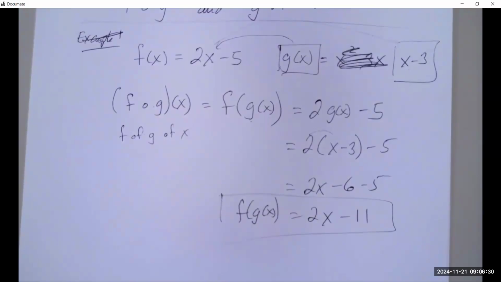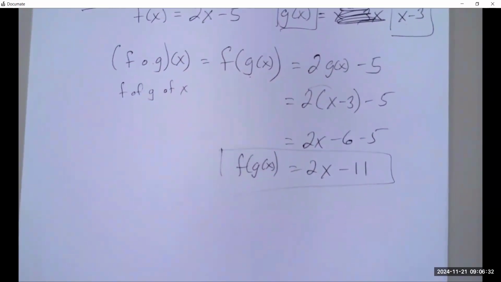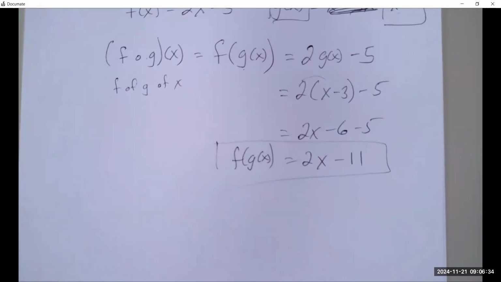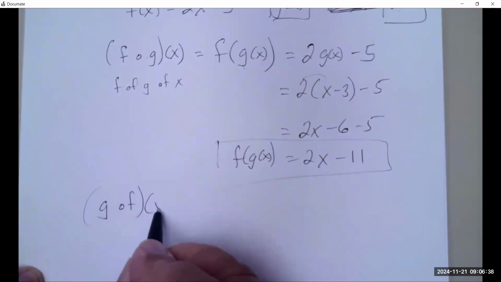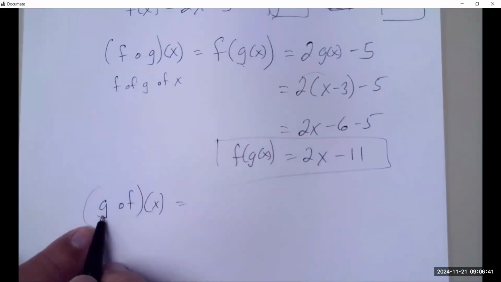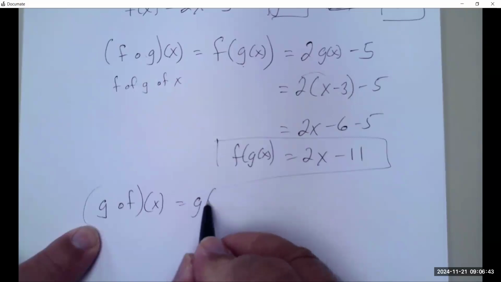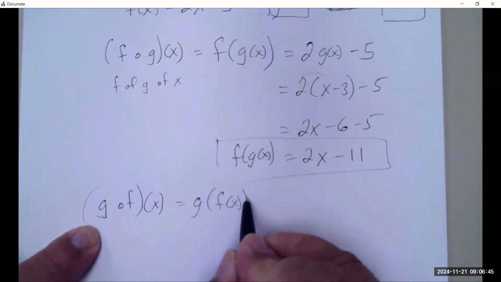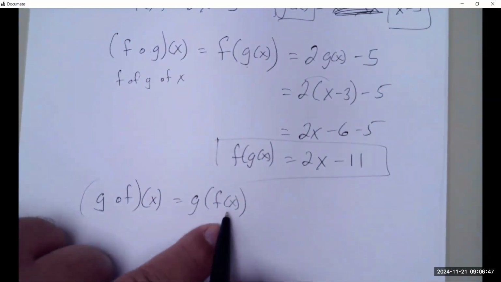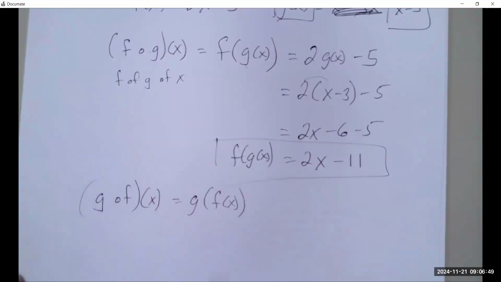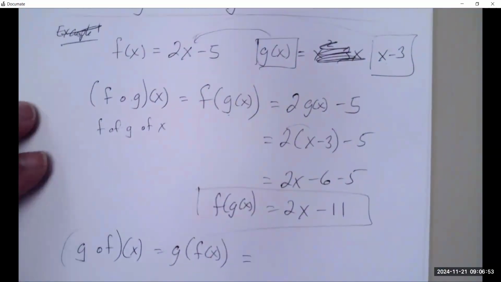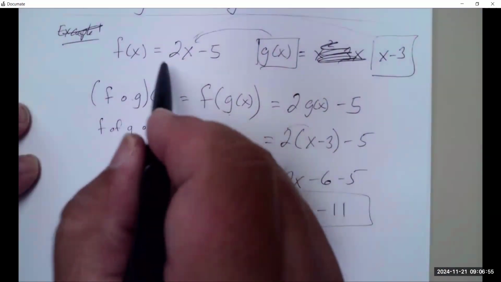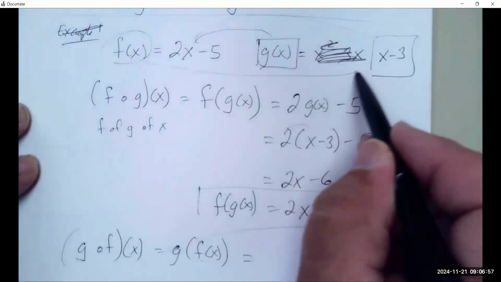You've seen it before. So that's the Fog method. Gof means I have g of f, so it's g of f of x. That means the f is the input function to my g of x. So I take my f function and plug it anywhere I see an x.